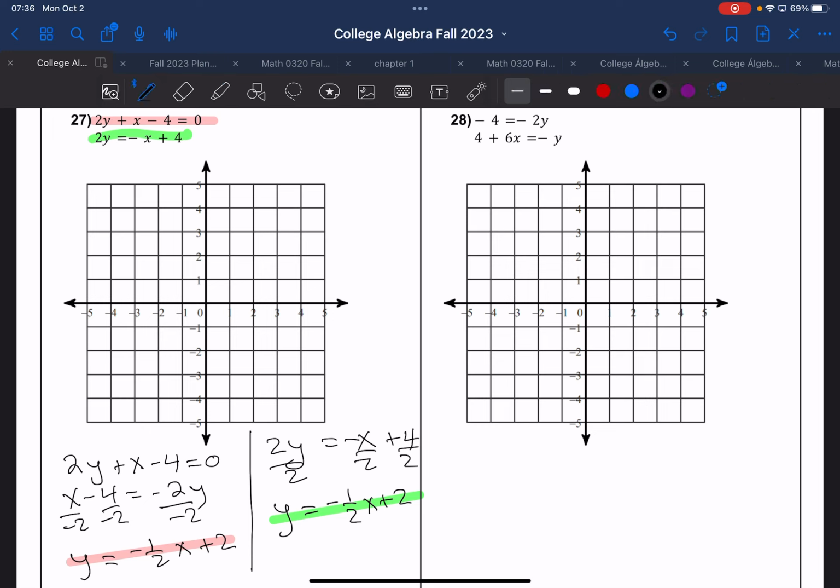Why is it infinite and not no solution? It has the same y intercept too. It has everything the same. It's the exact same equation, meaning I would have two lines on top of each other. So the answer is infinite solutions, or you can write infinitely many.